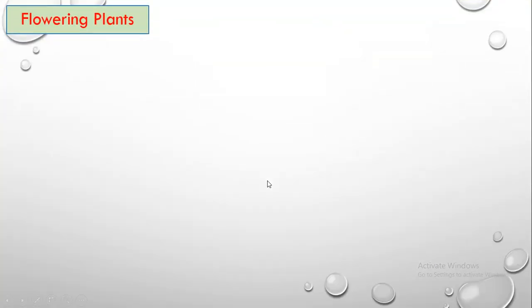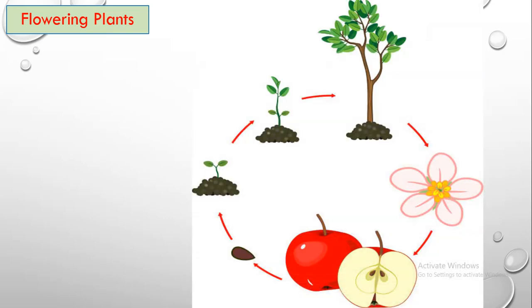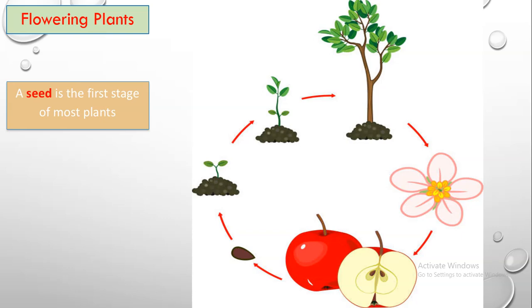Now, flowering plants and non-flowering plants begin their lives with seeds. So a seed is the first stage of most plants, and it's definitely the first stage of flowering and non-flowering plants.